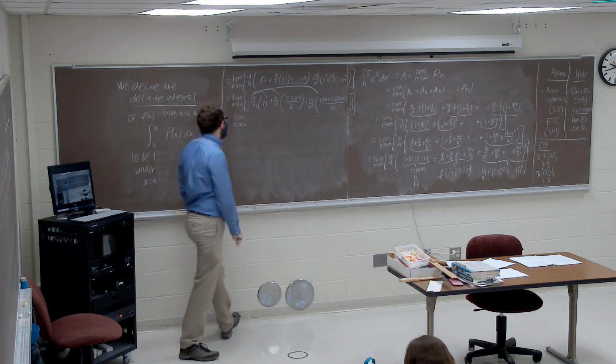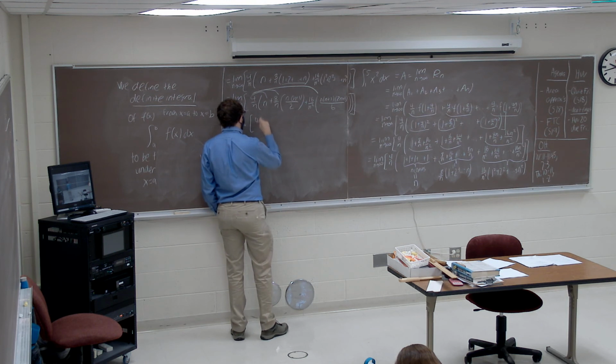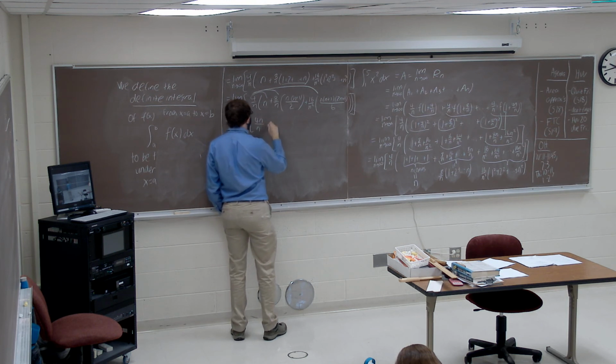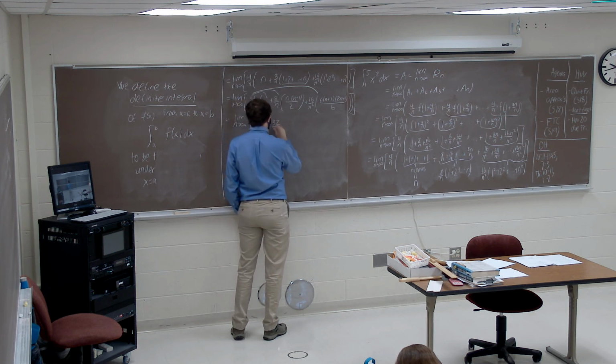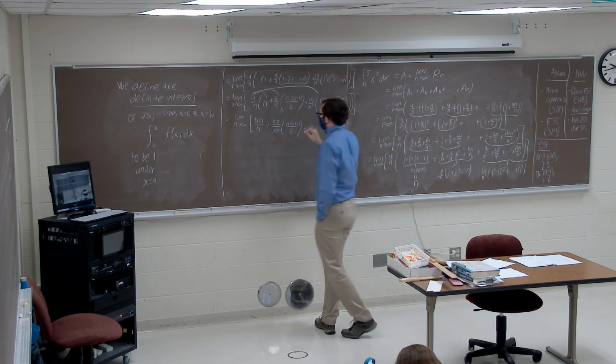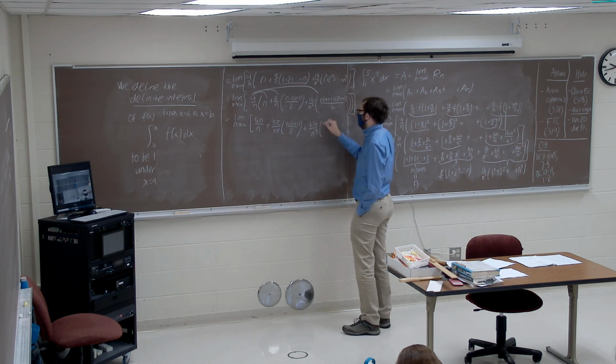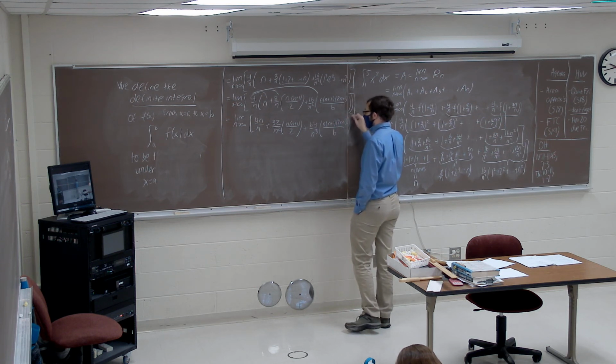And when we do that, we're going to get the limit as n goes to infinity of 4n divided by n plus 32 divided by n squared times n plus 1 over 2 plus 64 over n cubed times n plus 1 times 2n plus 1 all over 6.